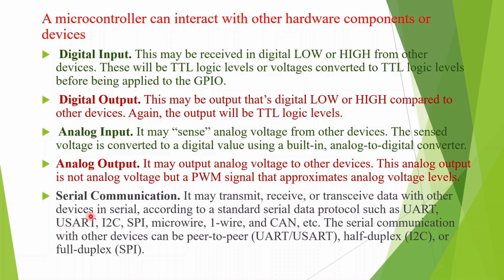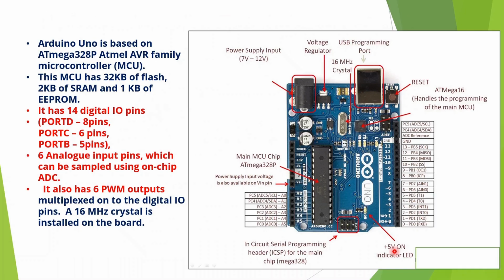Serial communication, it may transmit, receive and transceive data with other devices serially according to standard serial data protocols, such as UART, that is Universal Asynchronous Receiver Transmitter, USART, that is Universal Synchronous Asynchronous Receiver Transmitter, I2C, SPI, microwire, etc. So the serial communication with other devices can be peer-to-peer, that is UART and USART, half duplex I2C or full duplex SPI.